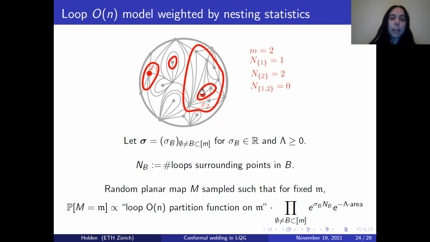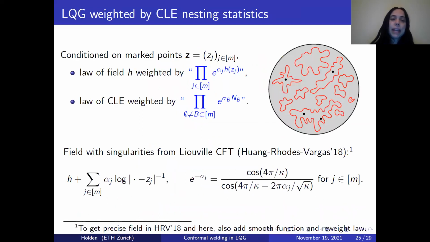In the example I just mentioned, where we're favoring configurations with lots of loops, we will favor planar maps which have a very large density of vertices around these marked points, because if we have many vertices around these points, then there will typically be a lot of room for adding loops. This heuristic explains that in the scaling limit, we expect to get a limiting object where both the LQG surface and the CLE have a law which has been changed.